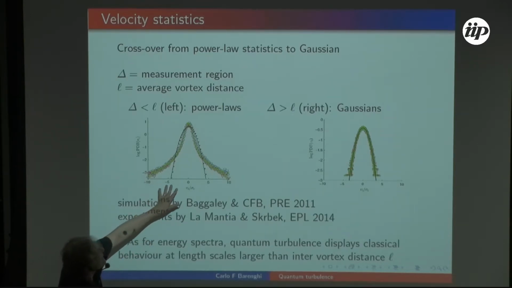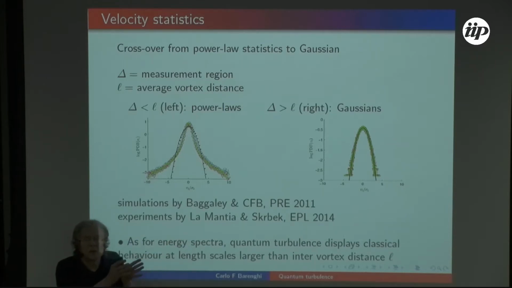Rather than an average over space, they did an average over time of the tracer particles. So you see a transition from power law to Gaussian or vice versa, depending on which length scales you're actually considering. So the idea that there is a distinction between classical length scales and quantum length scales actually is correct. In any case, the velocity statistics give the same information as the spectra, the energy spectra.